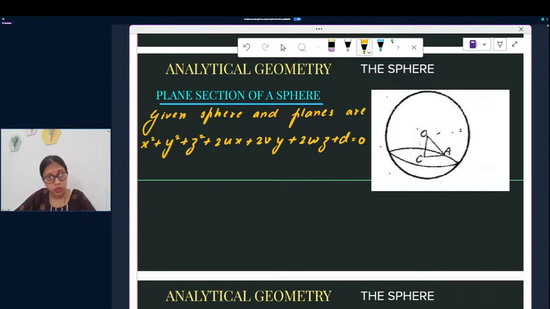Can we get something else, like an ellipse? Maybe. Think. Can we get an ellipse? And ax plus by plus cz plus d is equal to 0.